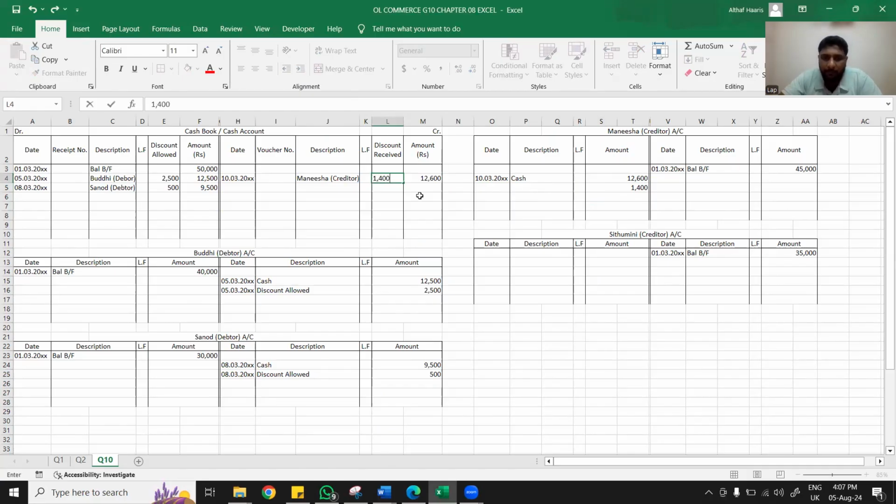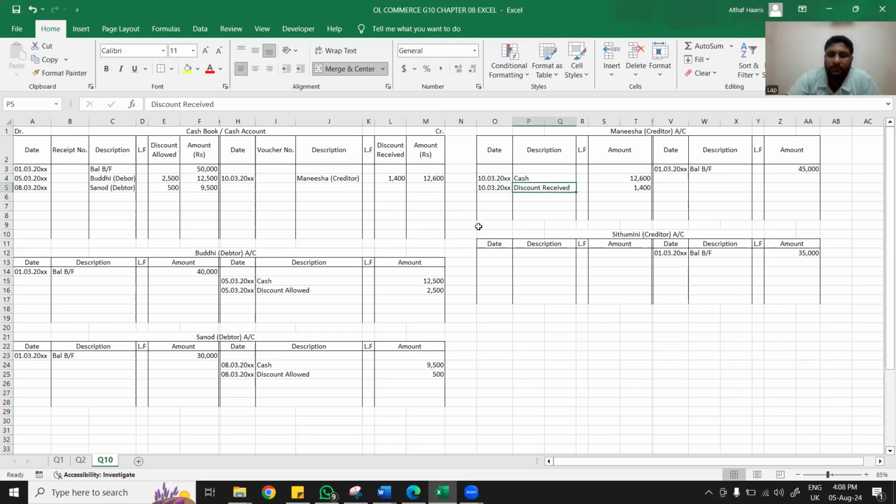Temporarily credit it here. Later we will put it to the discount received account properly. The date, 10/3/20XX. So that is also done.